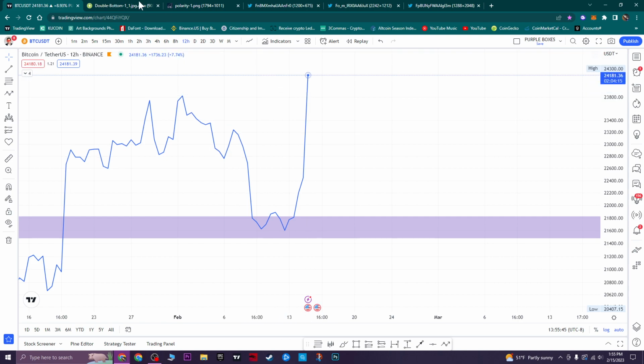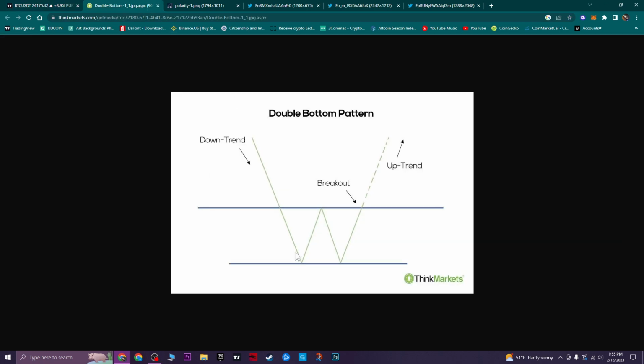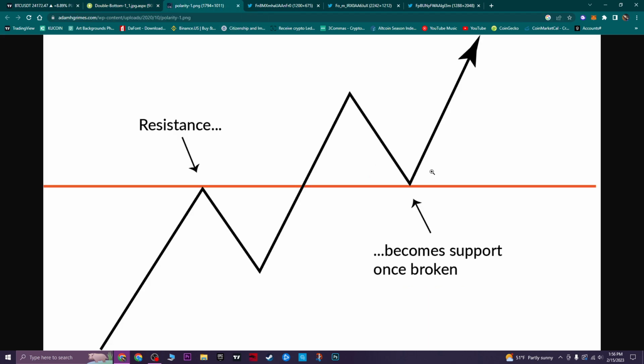Massive move up. See? Massive move down, resistance. This is the area of the breakout. A move down, and a massive move up. That is a double bottom pattern.